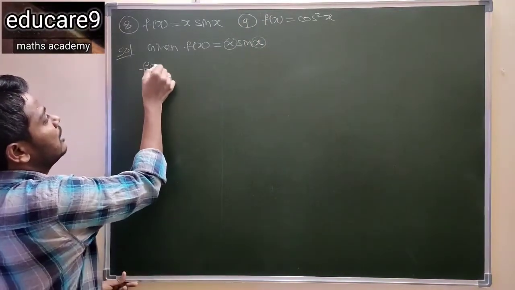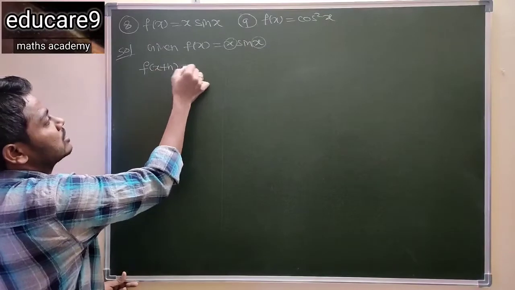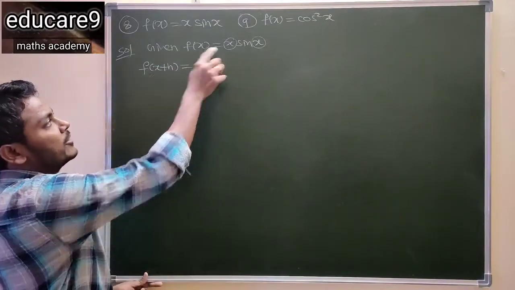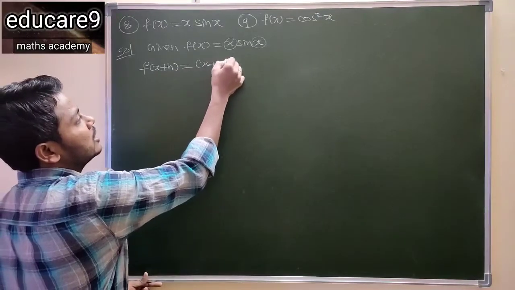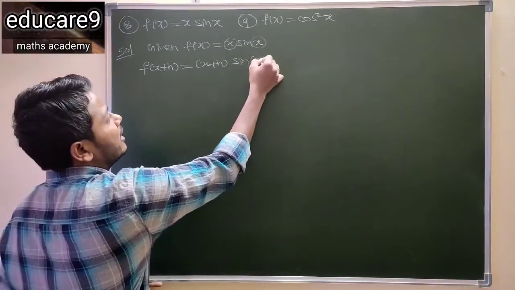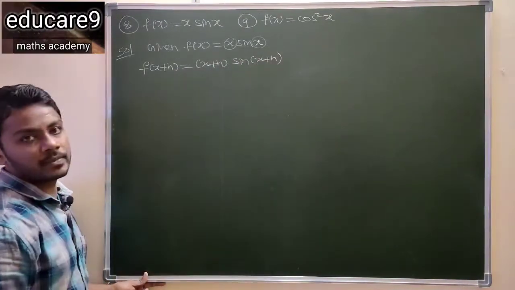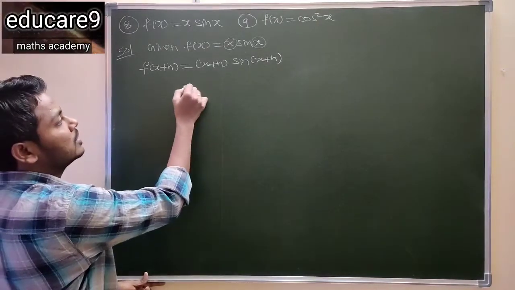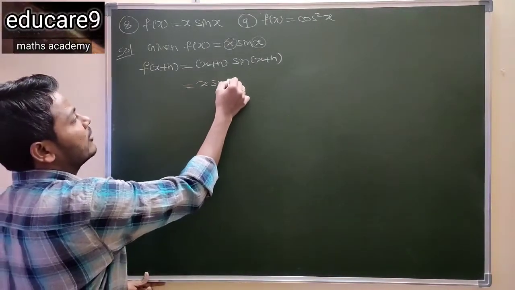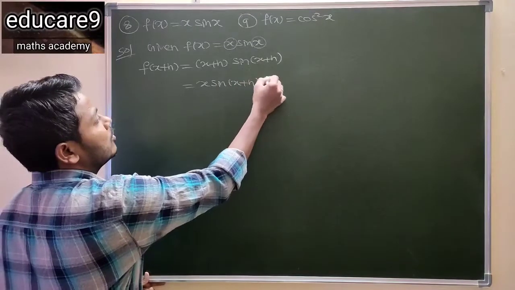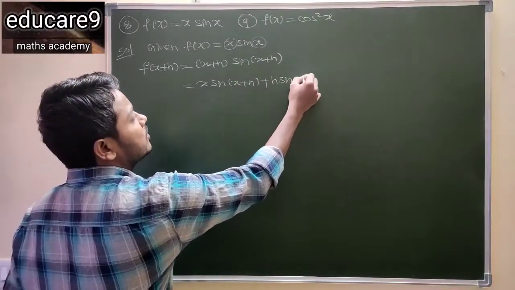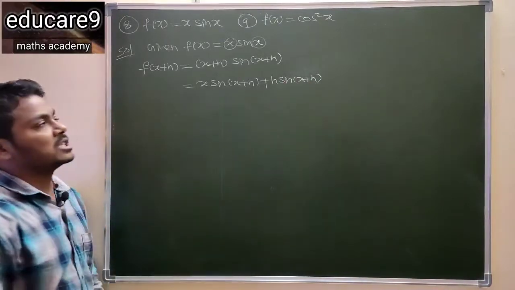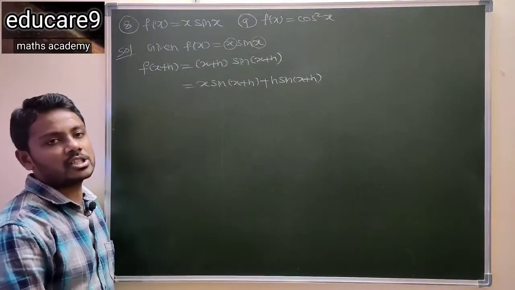That is f of x plus h is equal to, in place of x write x plus h, x plus h into sin of again x plus h. So multiplying these two: x sin of x plus h plus h into sin of x plus h. So this is the f of x plus h function.